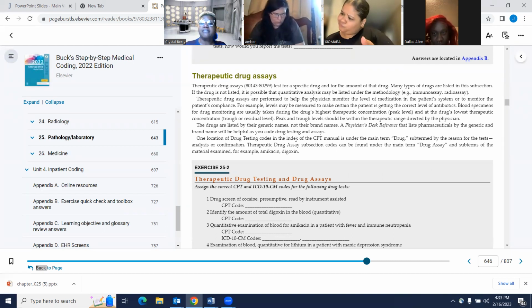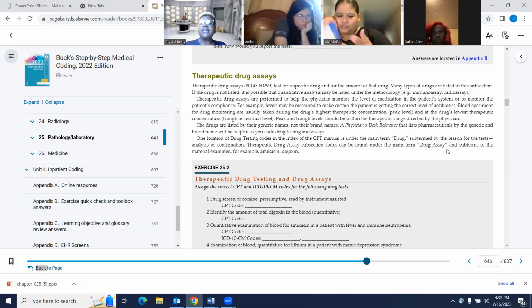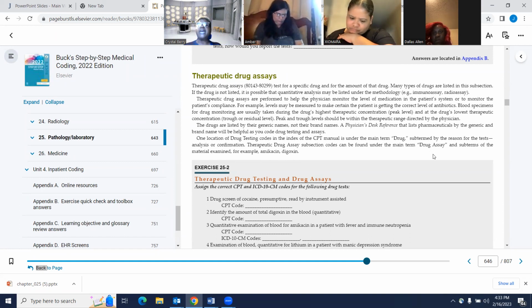Therapeutic drug assays subsection codes can be found under the main term drug assay and subterms of the materials examined, for example, amikacin and digoxin. So remember the term drug assay, that's what we're looking for. Therapeutic drug assays, where is it? It's going to be found under the main term drug assay.